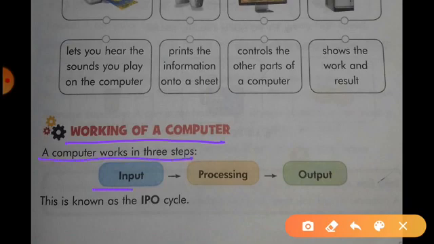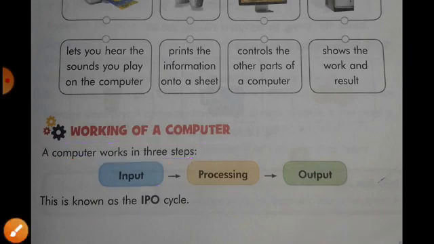First is input, processing, output. This is known as the IPO cycle. Input, processing and output. Okay students, now come to the next page.